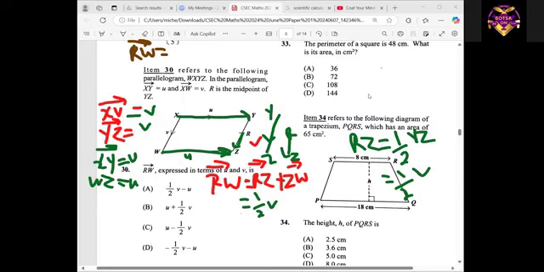D is just a trick version of E. Sometimes they put two answers that are close, and one of them is correct and the other one is wrong. They're trying to make the answer options difficult, but once you know what you're doing, you know what you're doing.